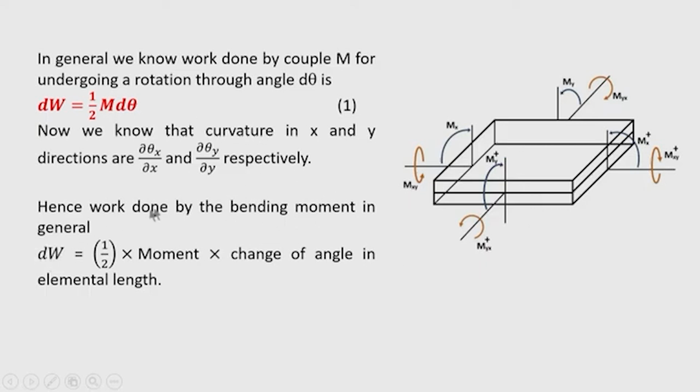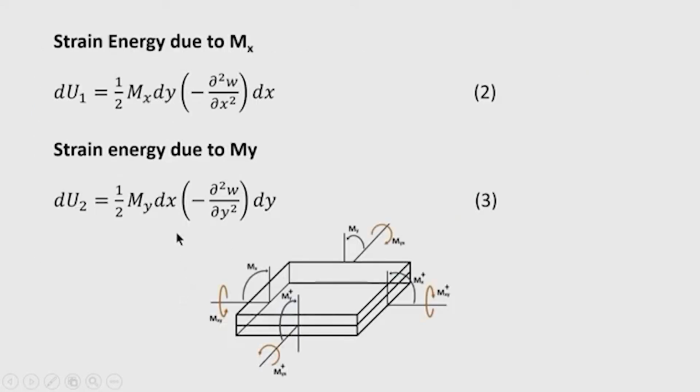Okay. With that condition, we can now say the work done by the bending moment or couple is half the moment into the change of angle in the elemental length. Knowing this, we can write the strain energy due to Mx; say this part is U1, the contribution towards the strain energy due to bending moment along the x axis. So, dU1 we can write as half Mx dy. Why is it Mx dy?